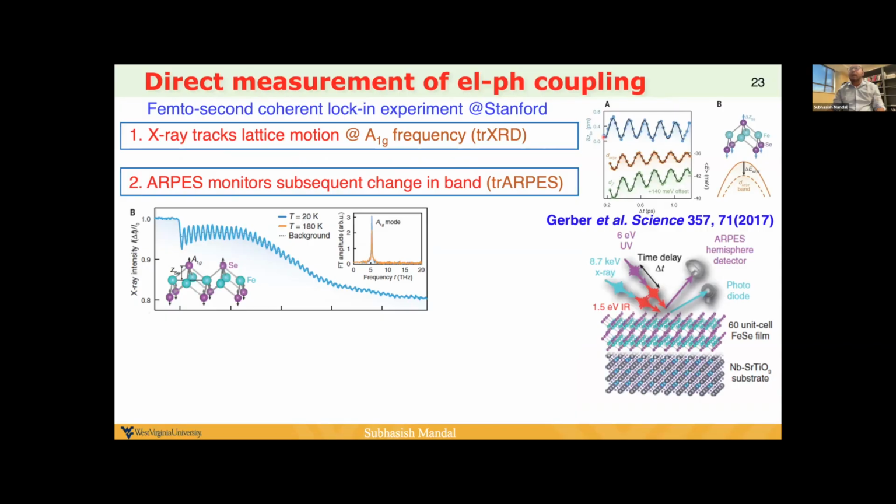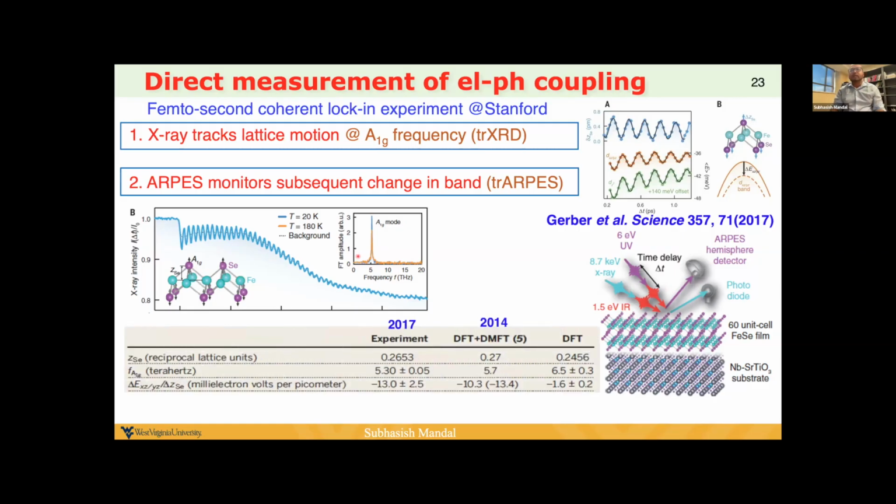From the time-resolved X-ray, one can get the motion of the atom and keep track of the position as it is vibrating. Then you simultaneously send UV light to get the ARPES, so you can see the band moving. They were able to lock into a particular mode, the A1G mode, and measure this deformation potential.